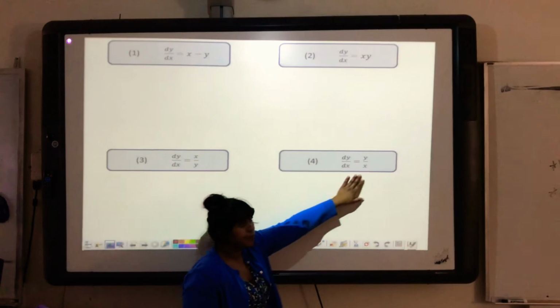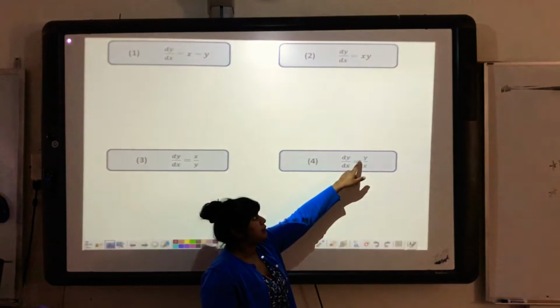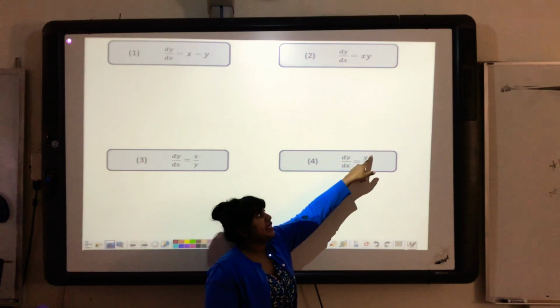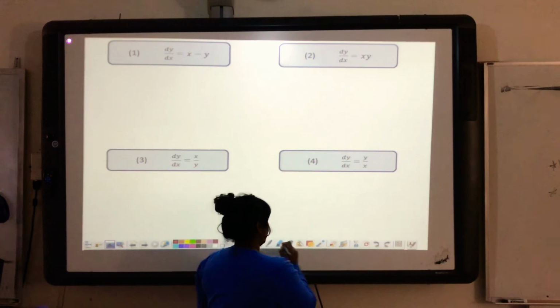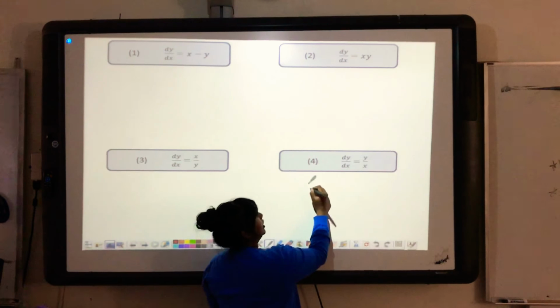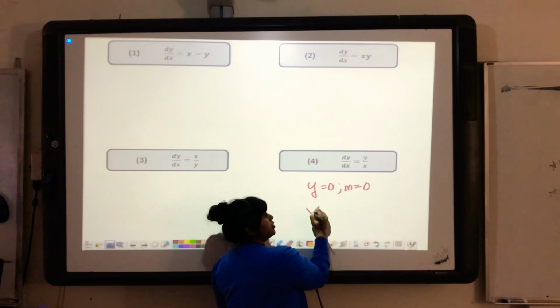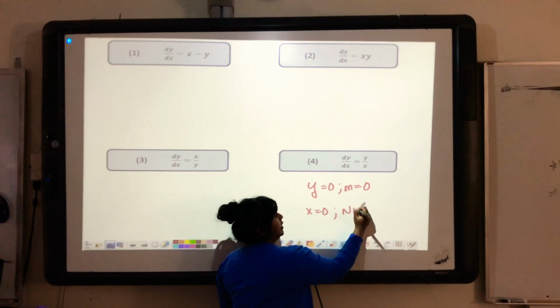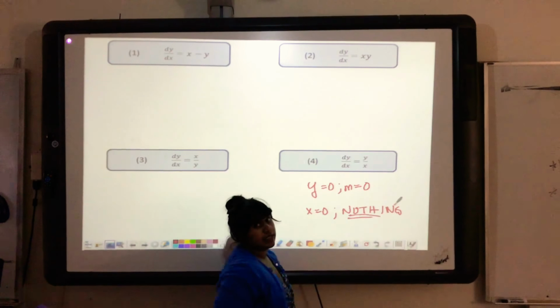For example, right here, I can look for zeros. Where it should be 0 is anytime y equals 0. But there's also another clue over here. So not only will I know when y equals 0, my slope should be 0, but I should also know when x equals 0, nothing should be happening because it's in the denominator.